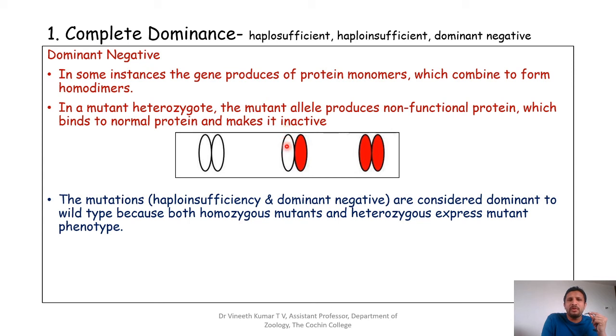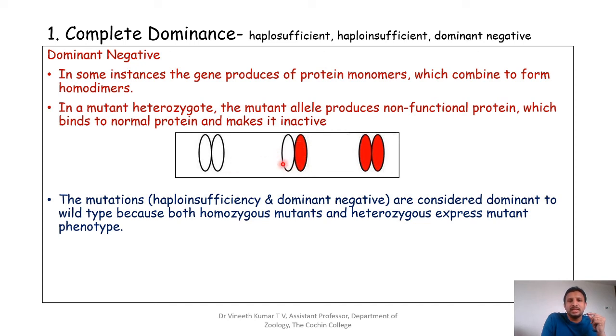Half will be producing functional protein and the other half will be producing this non-functional or crippled protein. As a result, it produces the same effect as a homozygous mutant, because whatever functional protein is being produced will be inactivated by this one.